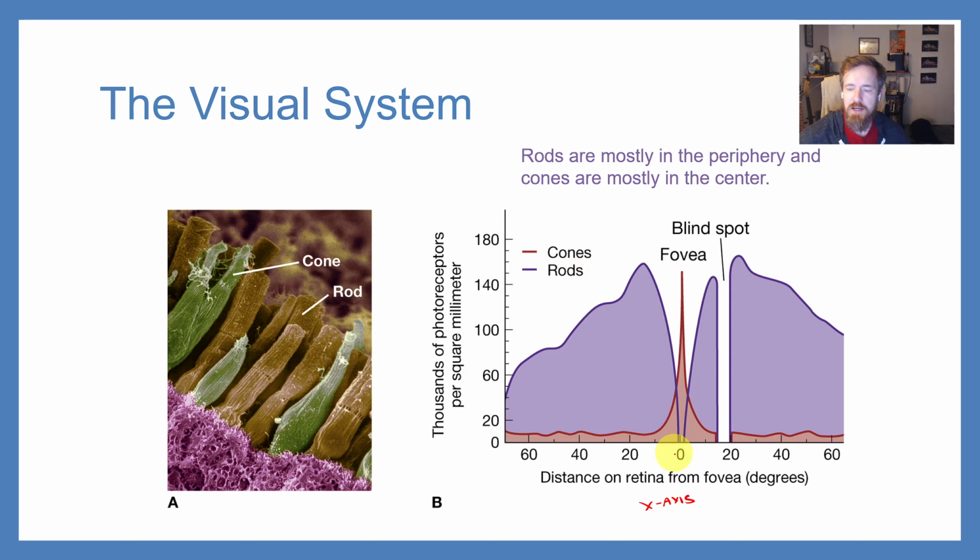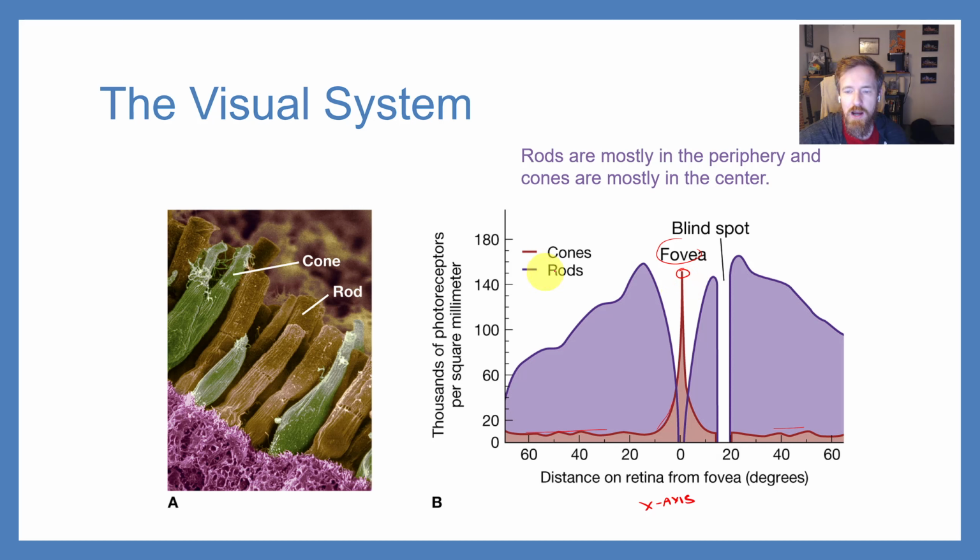As you can see here, at the very center of our visual field in the fovea, it is almost exclusively cones. That's where a lot of them are. But as we move away from the fovea, it drops extremely quickly, and then we have a kind of baseline array of cones, but not nearly as many as in the center of our visual field.